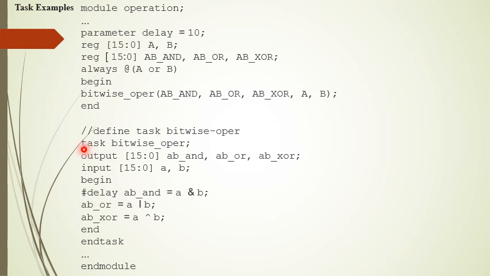So it begins with the keyword task, and then you have the name of the task as I have explained earlier. Then the input and the output arguments are declared, and between begin and end we have the body of the task, that is the main functionality of the task, followed by endtask. After this only we go for endmodule.